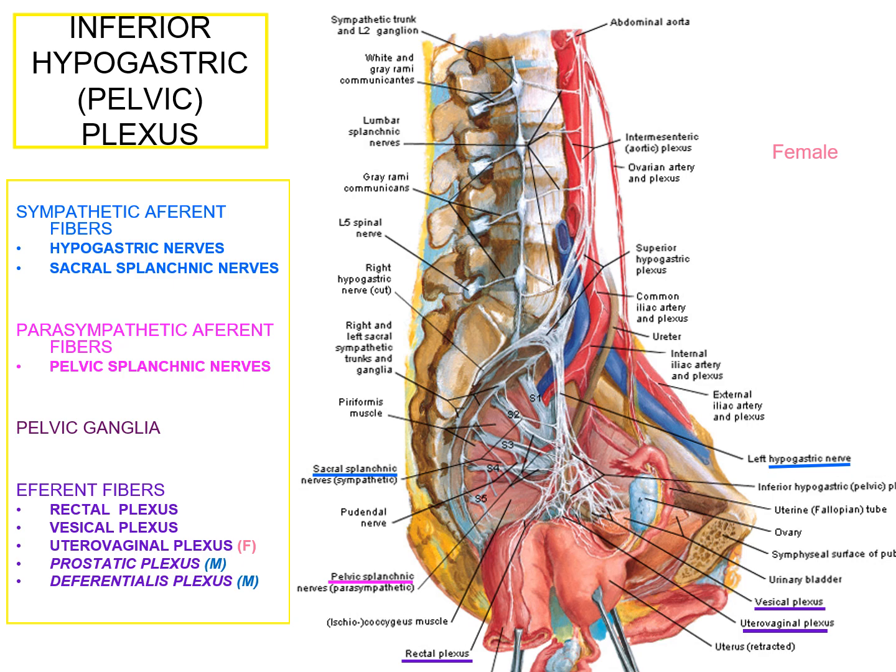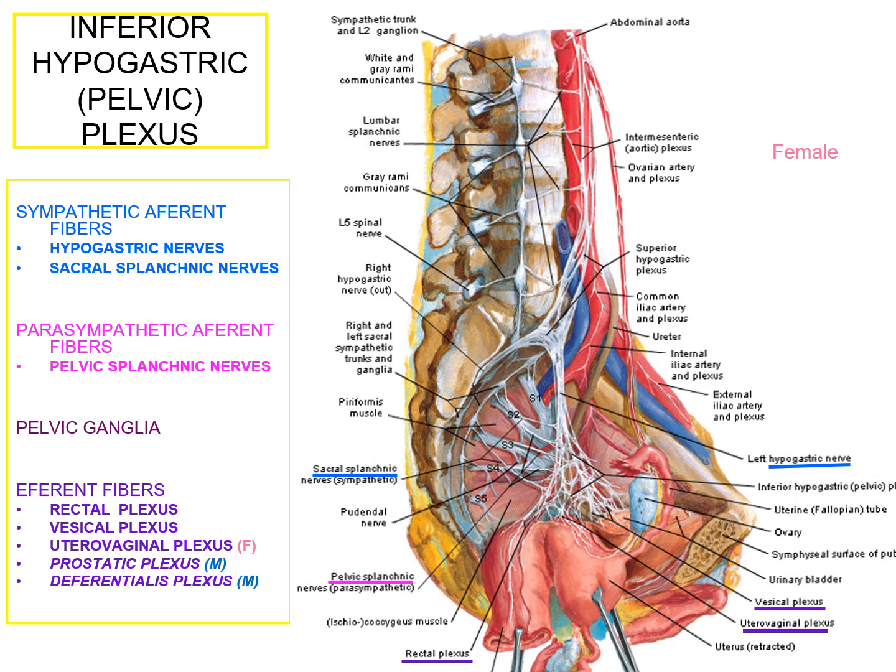The inferior hypogastric plexus or pelvic plexus consists of sympathetic and parasympathetic efferent fibers, pelvic ganglia, and afferent visceral fibers. Sympathetic fibers are hypogastric nerves and sacral splanchnic nerves.